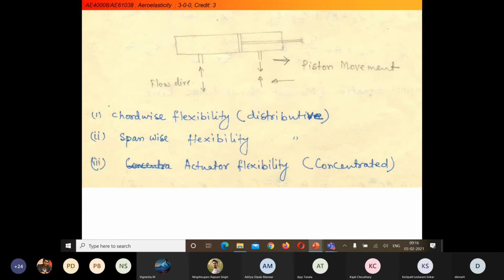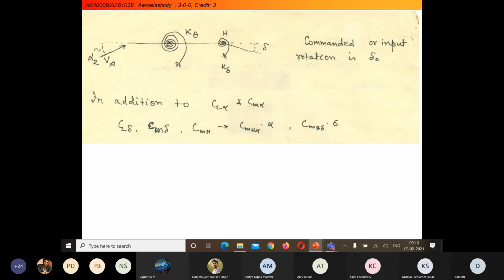So we can have chord-wise flexibility, distributed stiffness of the control surface, span-wise flexibility, and actuator flexibility. Let me now come to this simple stick configuration.